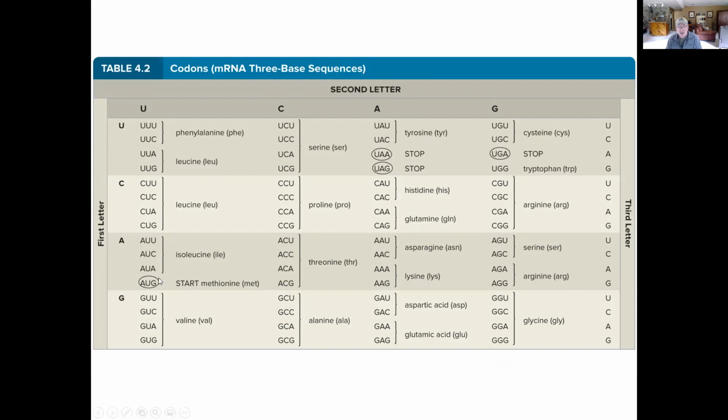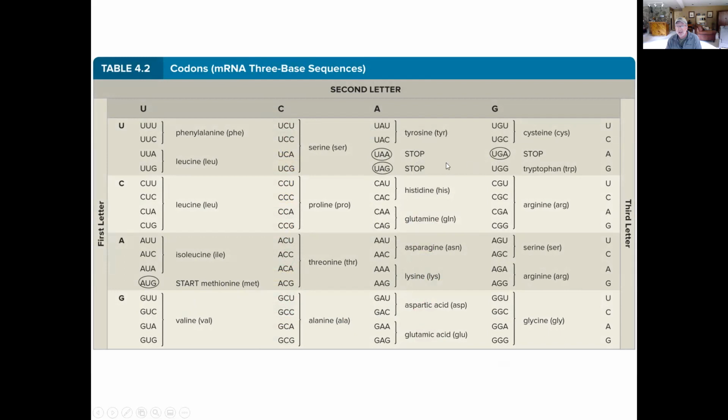I will point out just 4 here that the textbook has circled, and I'll go over this again later. You might be wondering, what are the circled ones? Well, this one here, AUG, the abbreviation for the month of August, is sometimes called the start codon. It represents the amino acid methionine, or MET for short.